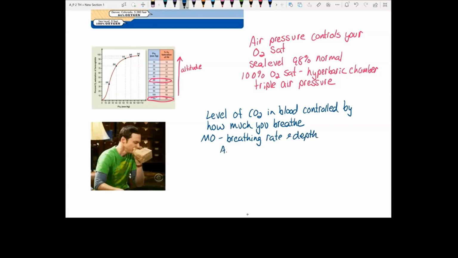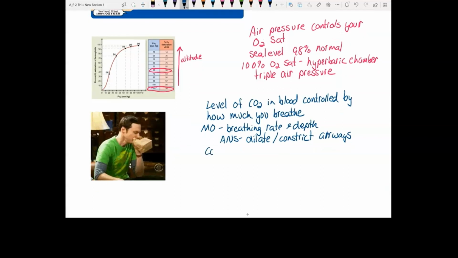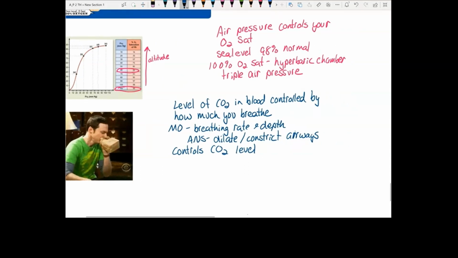And you have your autonomic nervous system. You can dilate or constrict your airways. So these things, your rate and depth of breathing and the diameter of your airways, this controls your carbon dioxide level. This is why you breathe slow and shallow when you're resting, why you breathe deep and heavy and dilate your airways when you're active.